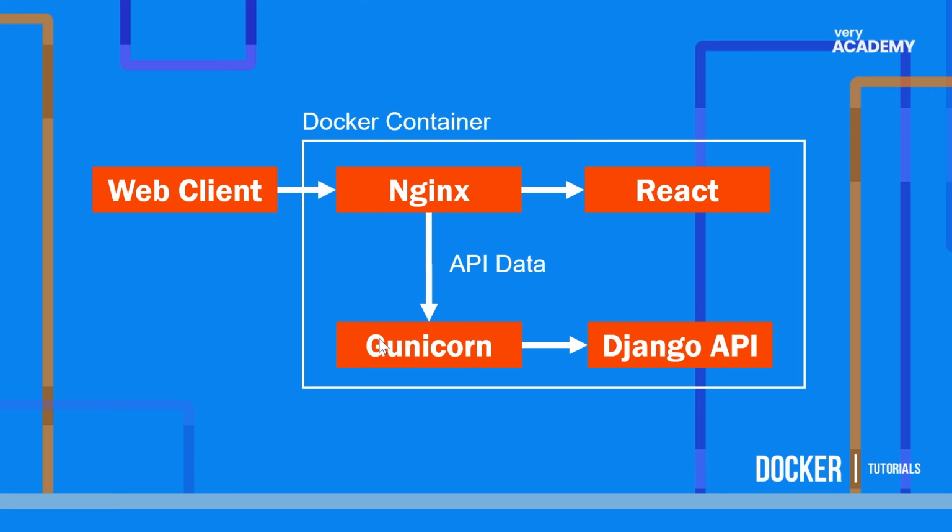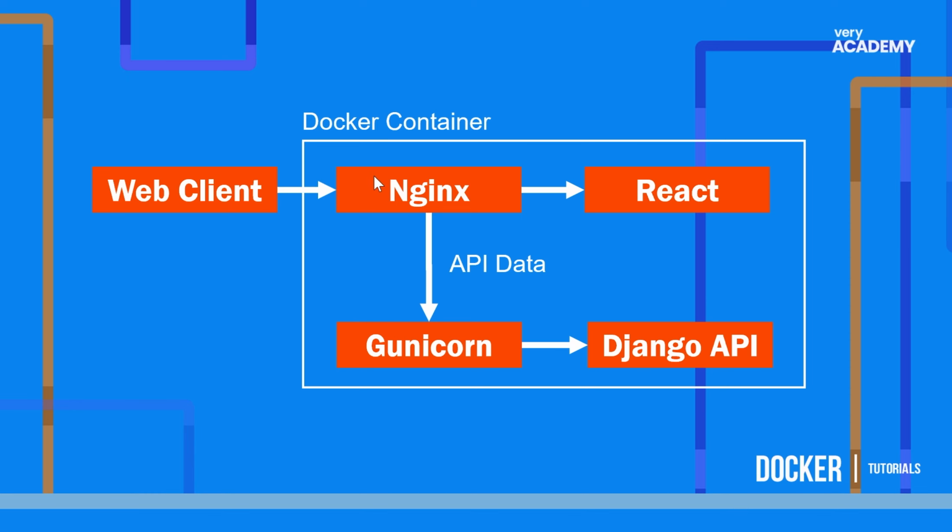So Nginx can communicate with Gunicorn, and Gunicorn then communicates with Django, gets all the data back to then prepare to send back to Nginx to then send to the web client. So it's needed for exactly that, to be able to communicate directly with Django, whereas Nginx cannot do that.